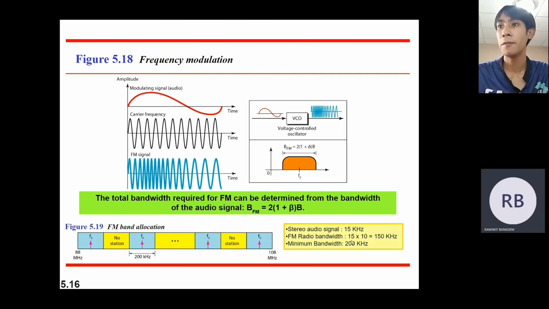FM radio bandwidth is 15 times 10 equal to 150 kHz, and the minimum bandwidth is 200 kHz. Okay, the next.